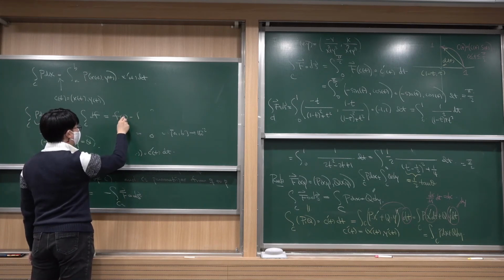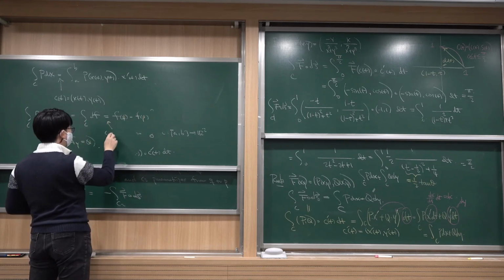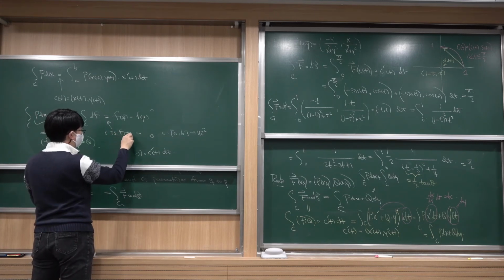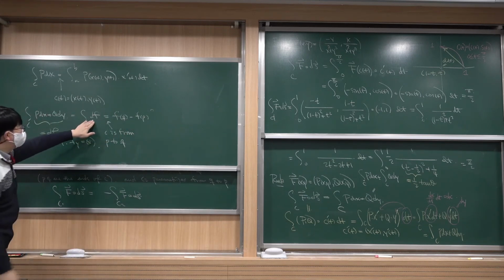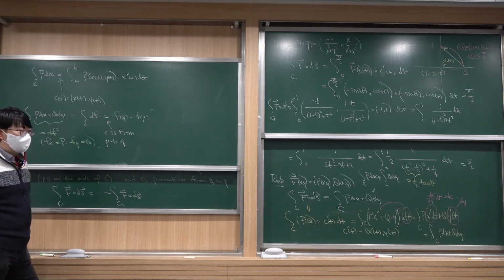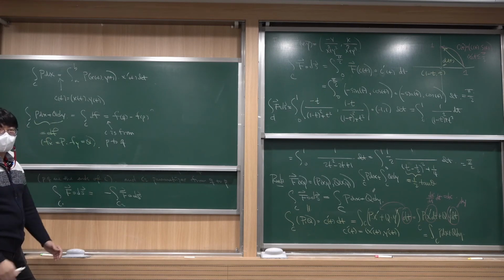So let's say if C is from P to Q, then this integration of df is equal to just the simple difference between the end value and the start value, right?